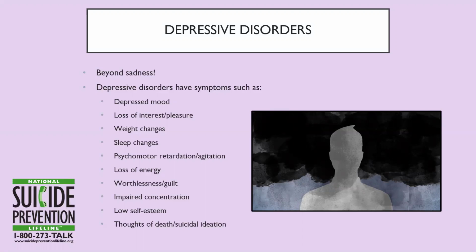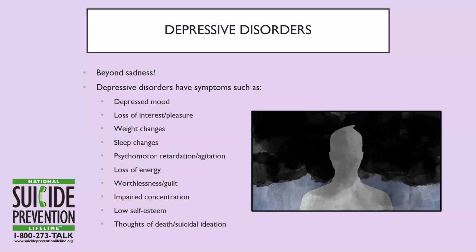And I want to point out that, again, there is a list of criteria and symptoms that an individual has to meet to be diagnosed with these disorders. So someone could be depressed, but not feel remarkably sad. They might have kind of a loss of motivation and interest in things. They might feel apathetic.